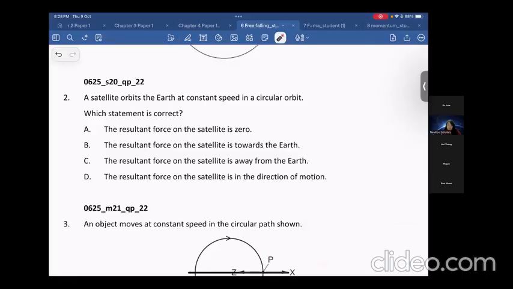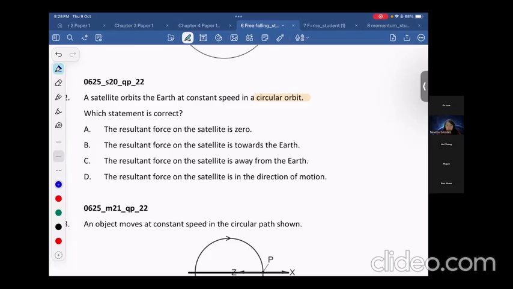A satellite orbits the Earth at a constant speed in a circular motion. Again, find the keyword: this question is talking about circular orbit. Which statement is correct? Boys and girls, read it and tell me your answer in the chat box. Correct, Hui Tong.